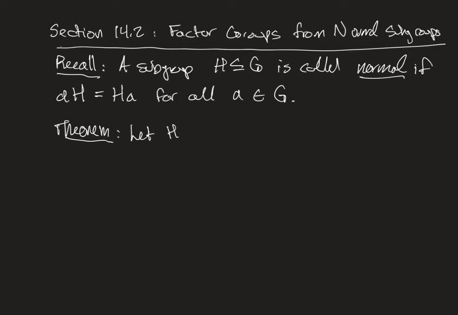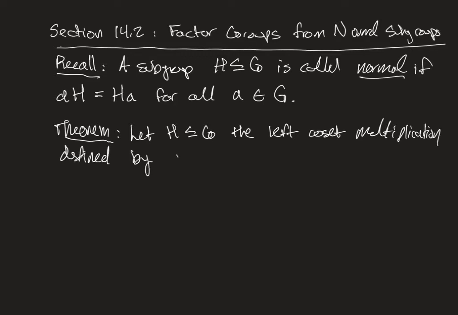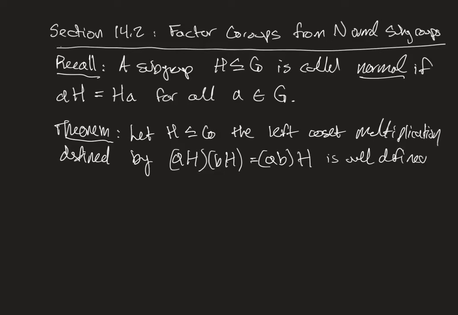So let H be a subgroup of G. Then left coset multiplication, defined by aH times bH is equal to abH, as in the previous video, is well defined if and only if H is a normal subgroup of G.